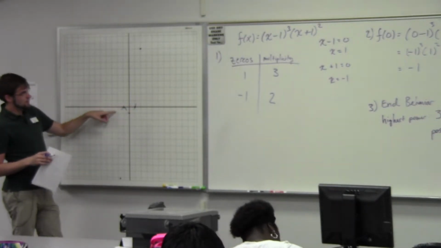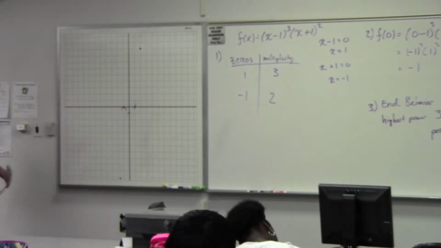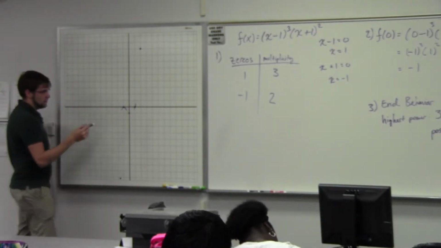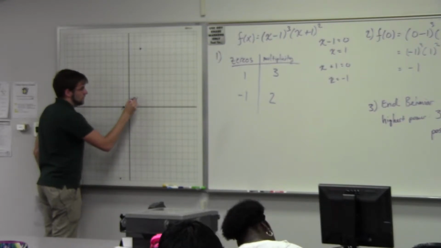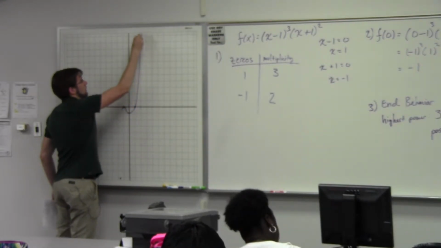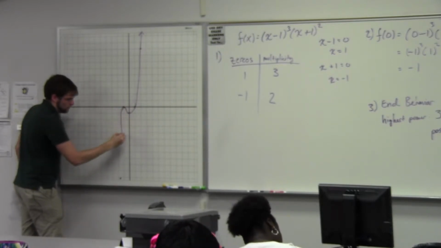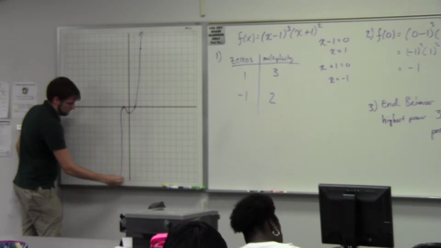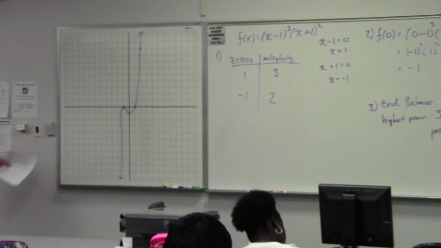And because negative 1 has an even multiplicity, it's going to bounce on the x-axis. All right, and so I just connect the dots. You want to make one smooth, continuous line. And then this one will just drop like a roller coaster. And then there's our beautiful line.